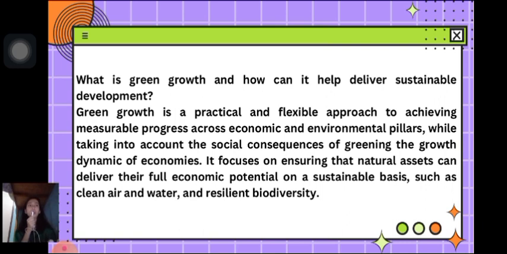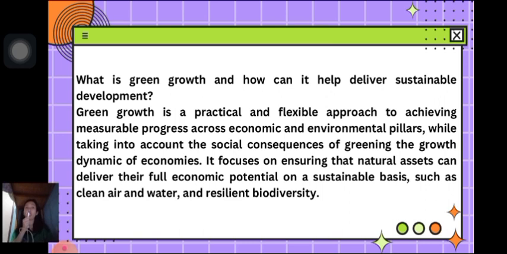So what we understand from this statement is that green growth is not a replacement for sustainable development. Rather, it provides a practical and flexible approach for achieving concrete, measurable progress across its economic and environmental pillars. So, natural assets can deliver their full economic potential on a sustainable basis.